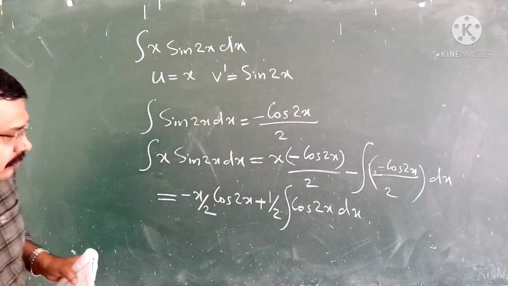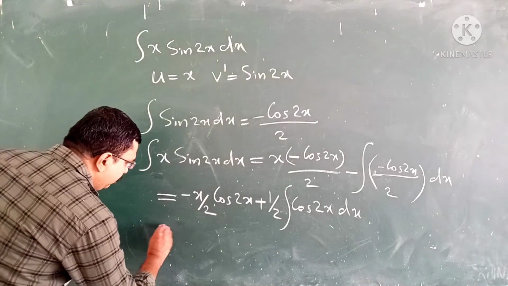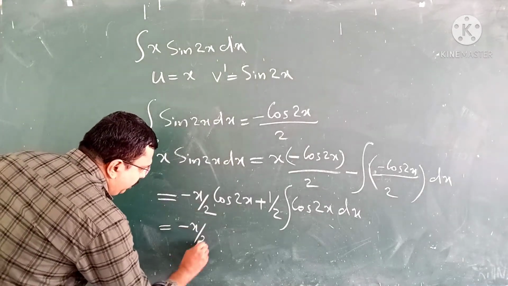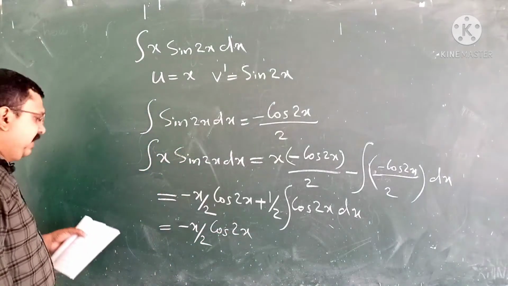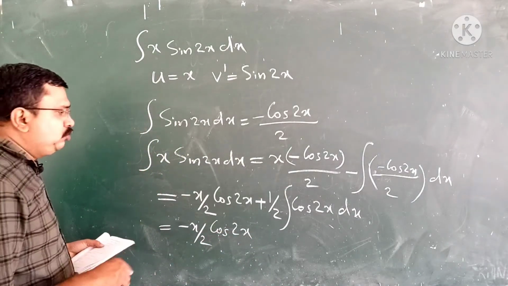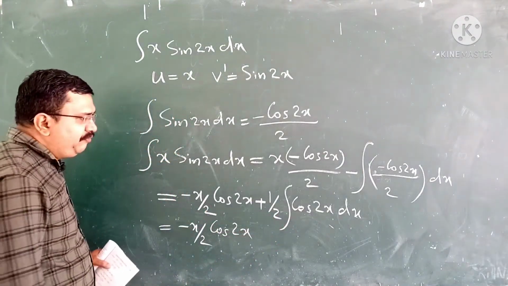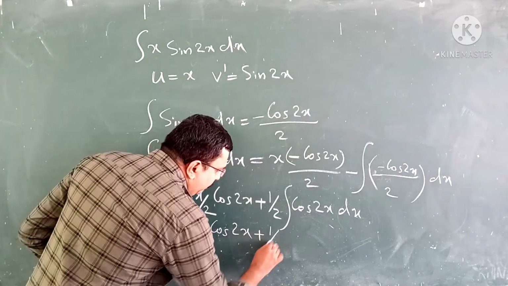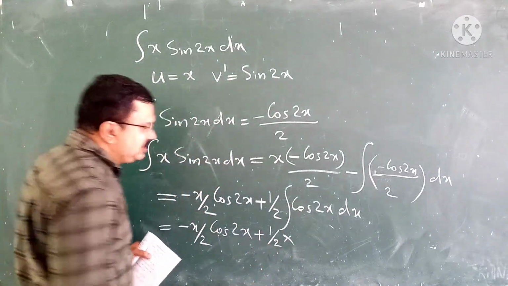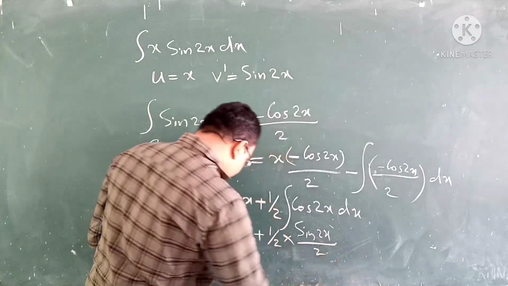Then we can write which is equal to minus x by 2 into cos 2x. Then integral of cos 2x is sin 2x divided by 2. Therefore, this will become plus 1 by 2 into sin 2x divided by 2.